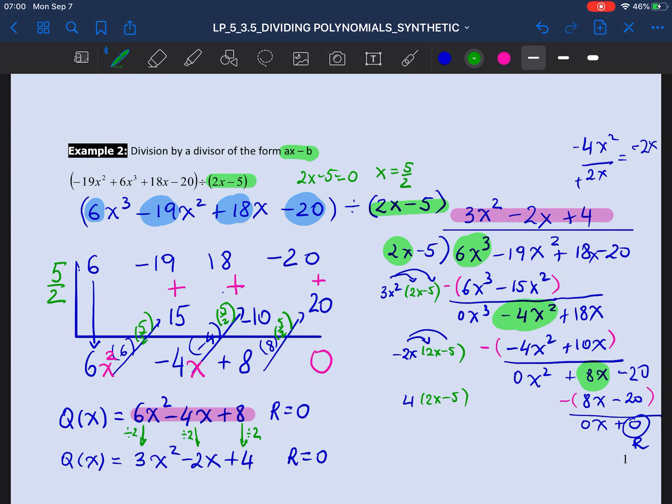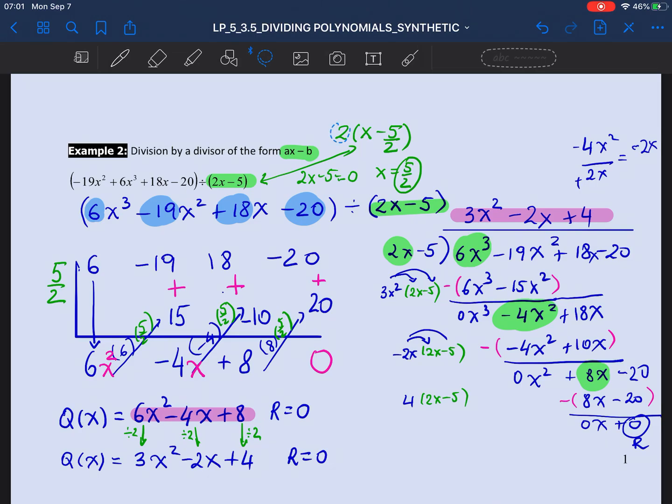Now, why do you think this happened? Remember that when we divided here by ax minus b, we only took 5 over 2 and placed it in here for b. In other words, we wrote 2x minus 5 as 2 times x minus 5 over 2. So these two are the exact same thing. But we pretended that this number 2 here didn't exist at all, so we kind of removed it from the scene in here.